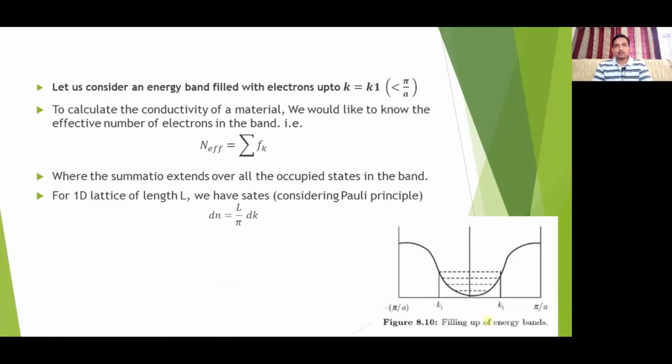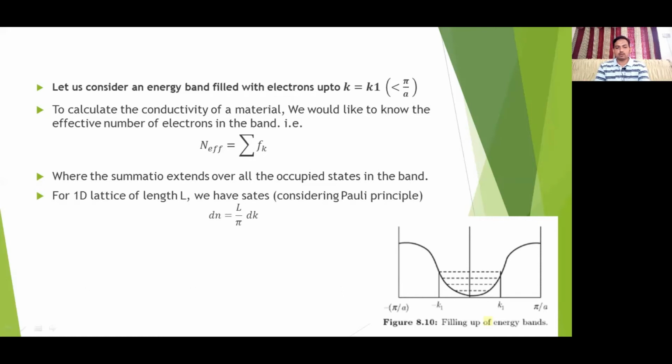Now we consider a filled energy band, filled with electrons up to k equal to k1. As you can see in this diagram, k is equal to k1. This might be the point of inflection. Up to that point the band is filled with electrons and the upper part of the band is empty. To calculate the conductivity of the material, we like to know the effective number of electrons in the band.